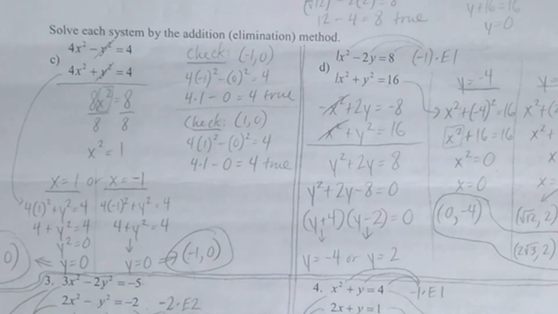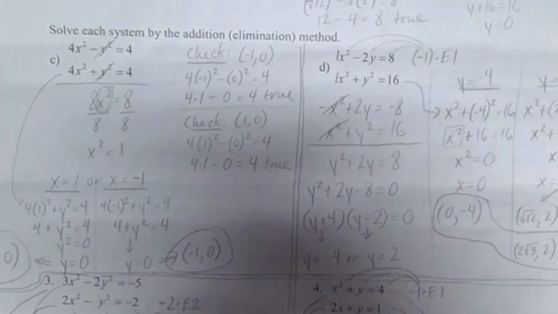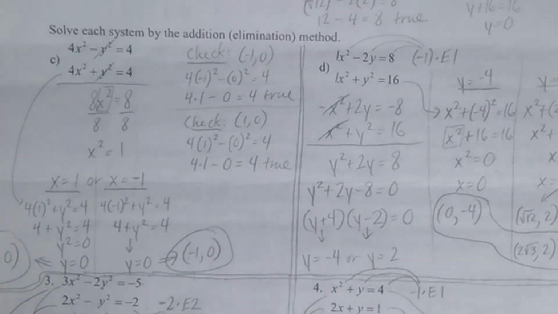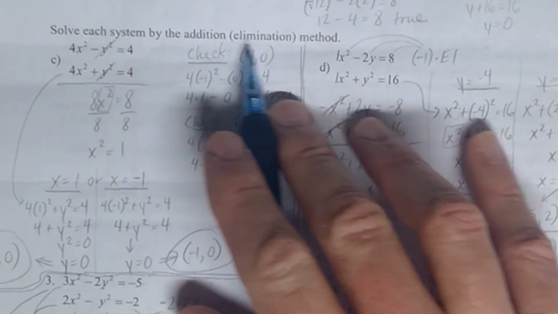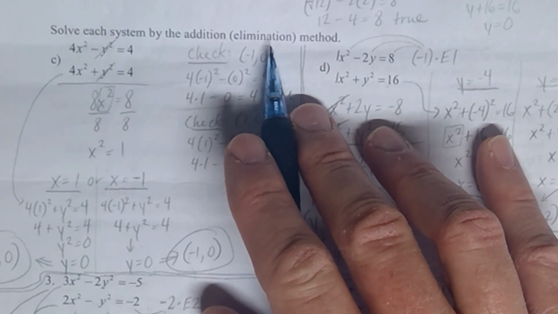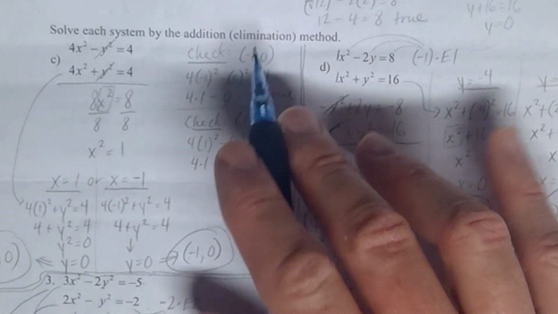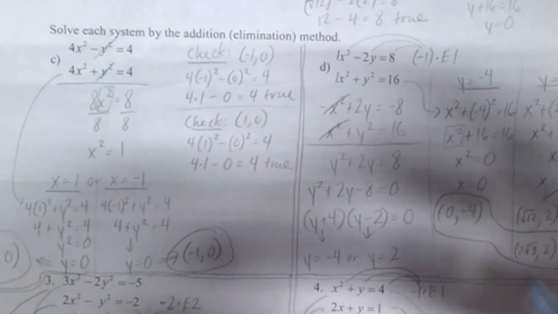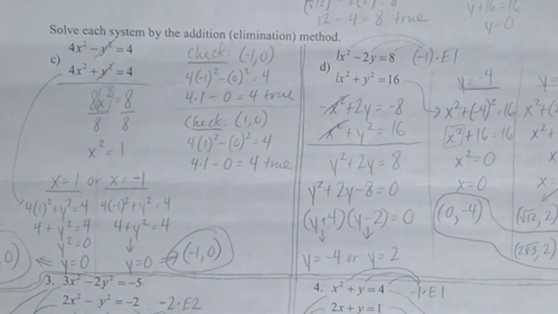Please do that, not only because the directions say so, but because in many cases, if you try to do the other method, it's going to be a lot harder. So there's a reason for that beyond just following the directions. On the final exam also, it will say you need to use either the elimination method, or in another problem, it might say you need to use the substitution method. So watch out for that and make sure to follow your directions.